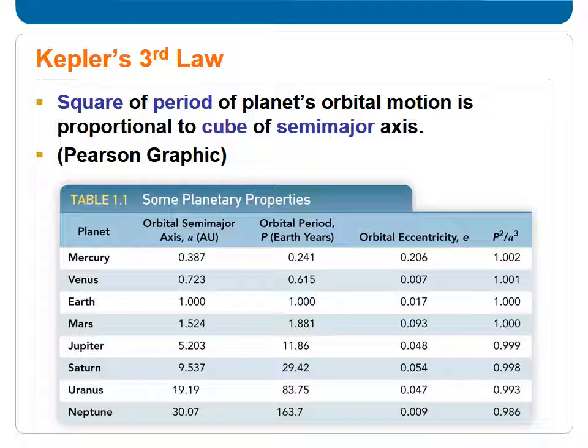That's the time for the Earth to go around the Sun. So we find that for any planet in the solar system, the ratio of the square of its orbital period in Earth years to the cube of its semi-major axis in astronomical units is roughly 1.